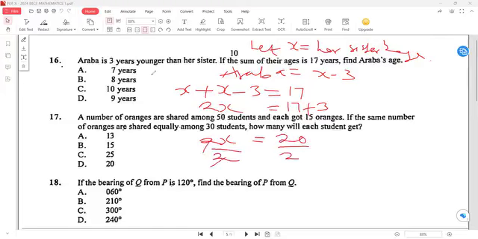Divide both sides by 2. X should produce the answer 10, which means that 10 is her sister's age. We are looking for Araba's age, which is her sister's age minus 3, and that should be 7. So Araba is 7 years old.